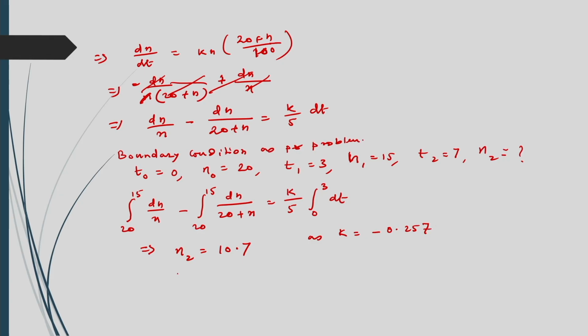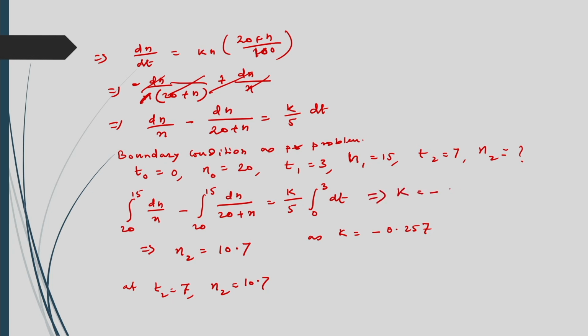So, finally, at t2 equal to 7, N2 will be equal to 10.7.